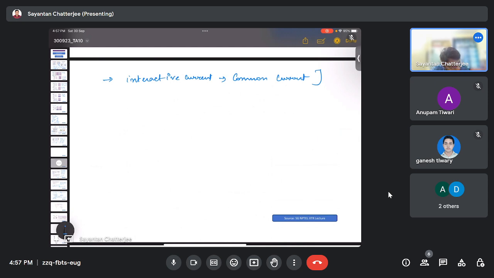Okay. Again, based on the filter properties, these two currents can be different.